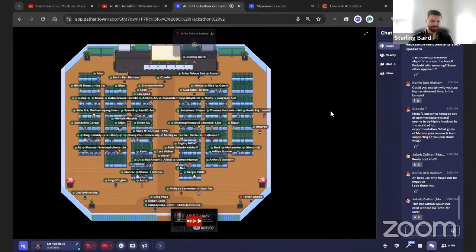Along the bottom here, you can use different emoticons, as well as do some fun things. If you press F, you can throw some confetti.